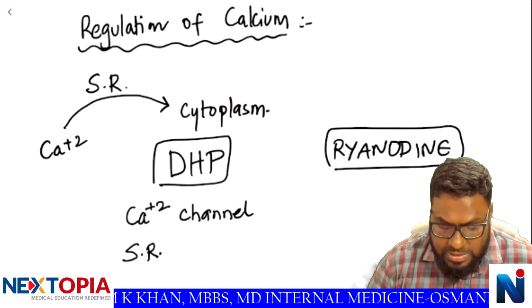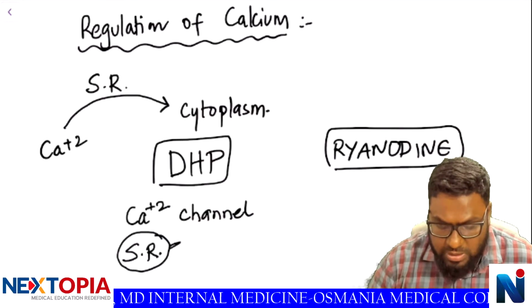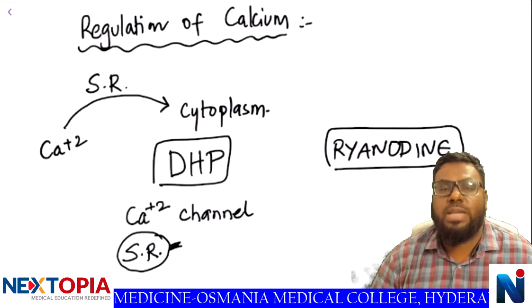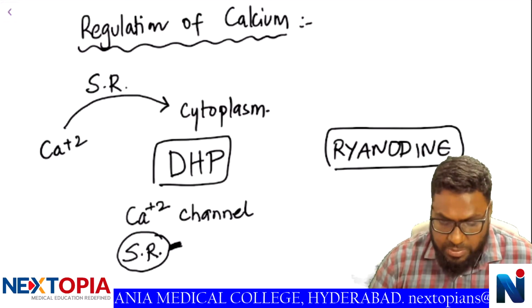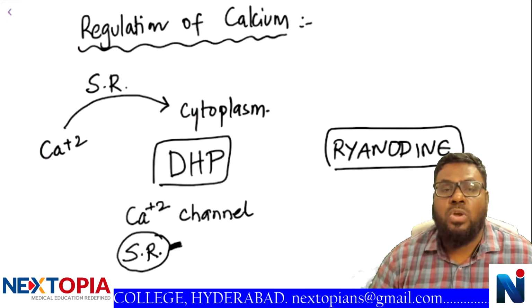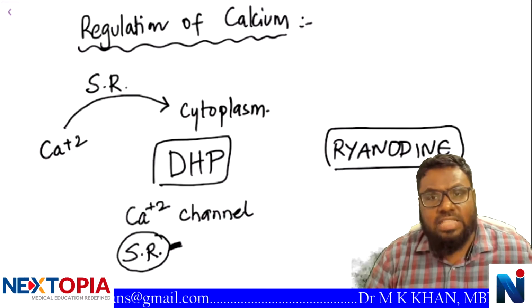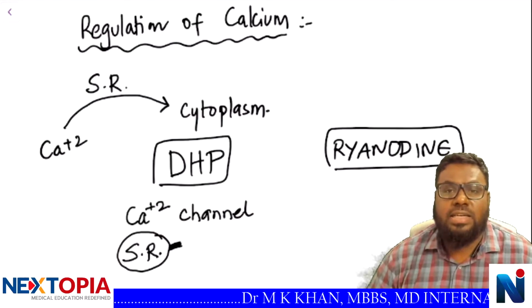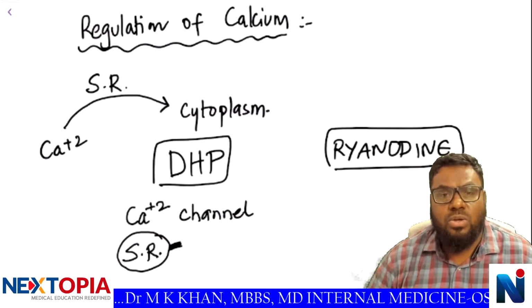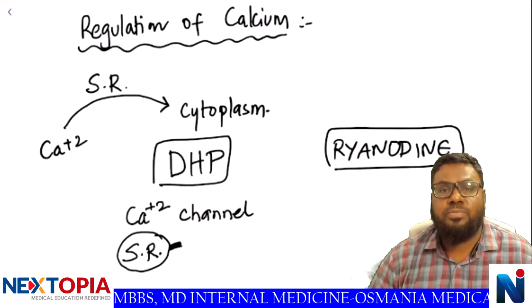Sarcoplasmic reticulum is surrounded by sarcolemmal membrane. On this membrane we have the dihydropyridine receptor. This dihydropyridine receptor is a voltage-gated calcium channel, and calcium does not flux through this receptor in the skeletal muscle.